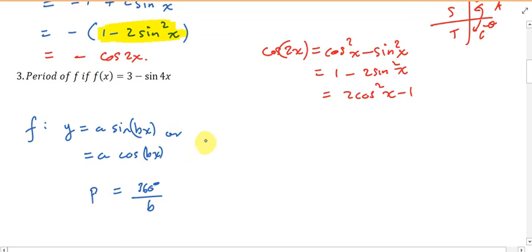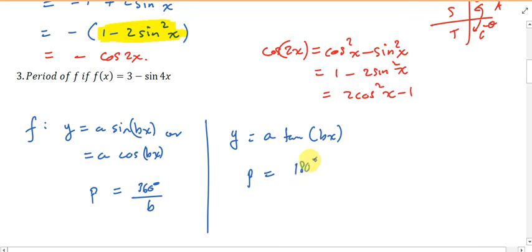That's the period of the graph. And if we have y is equal to a tan bx, the period for tan is basically equal to 180 degrees divided by b.